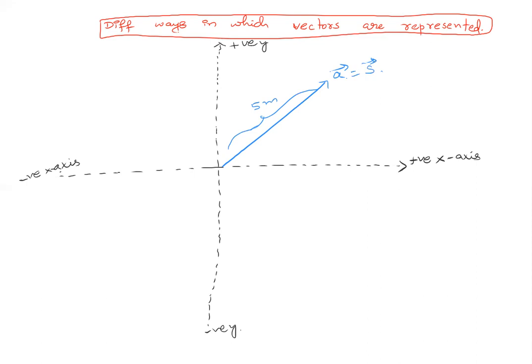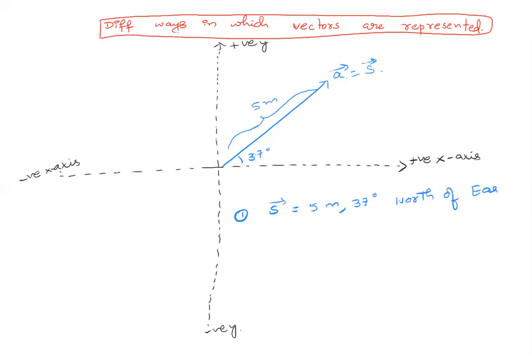Now this displacement vector, in terms of plain English for a common man to understand, you will simply write s bar is equal to 5 meters. For example, let us say this angle is 37, then I can write it as 5 meters 37 degrees north of east.